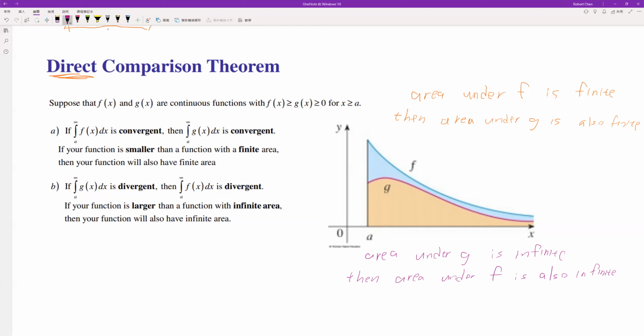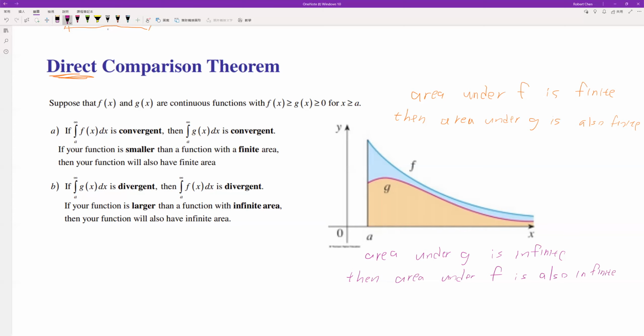So A and B are actually opposite of each other. If we show that the smaller area, namely G, is infinite, then the area under F is greater than the area under G. But G is infinite already, so F is greater means F has to be infinite as well. So that's the basic idea of the direct comparison test.